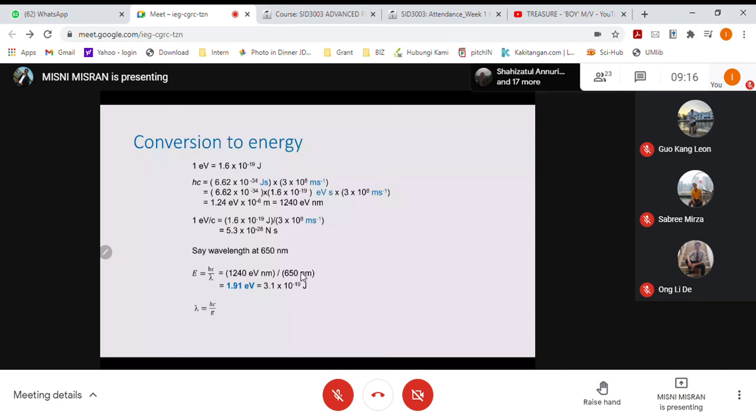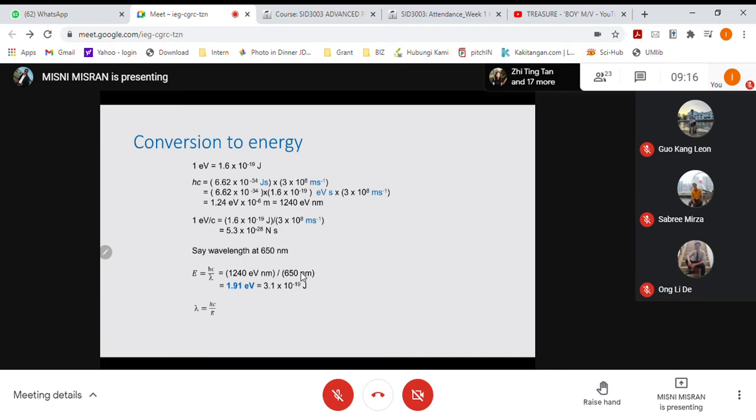Okay, you take an example here, we have 650 nanometer. Okay, energy, maybe this one is lambda max of emission or lambda max of absorption, right?